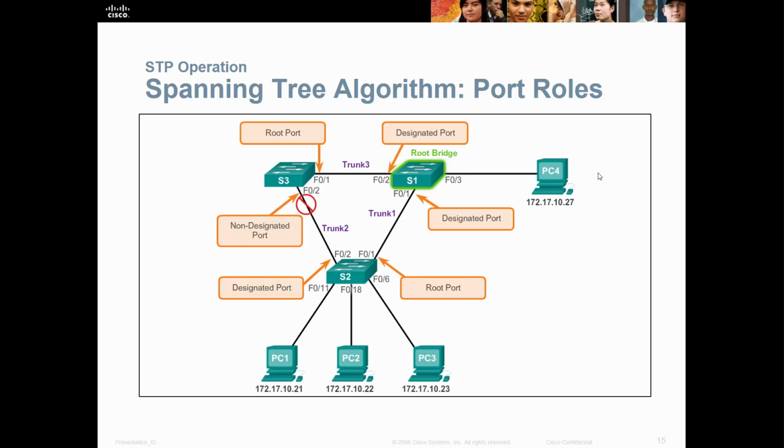So we end up with the different types of port roles. The first thing you have to realize, there are 3 very common port names. You're going to have to understand what a root port is, what a designated port is, and what a non-designated port is. A root port is the port going towards the root bridge.